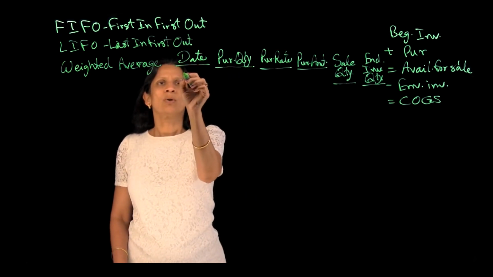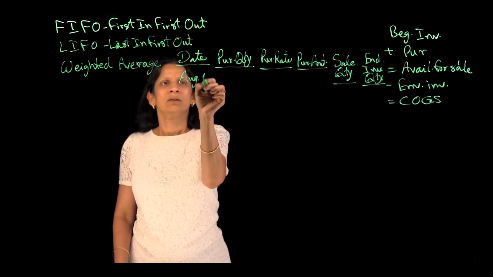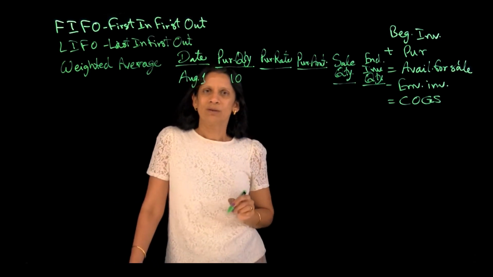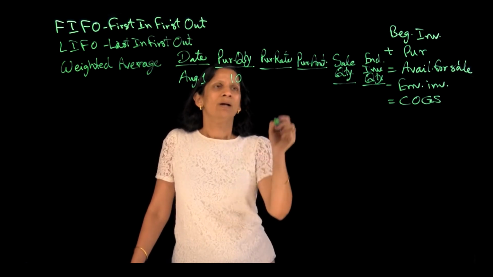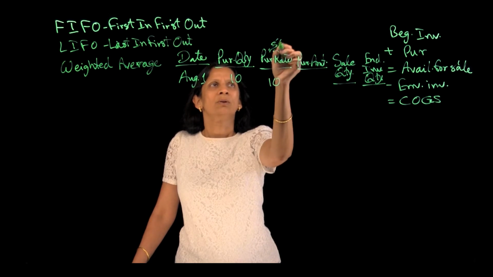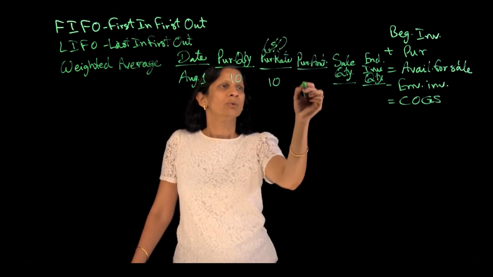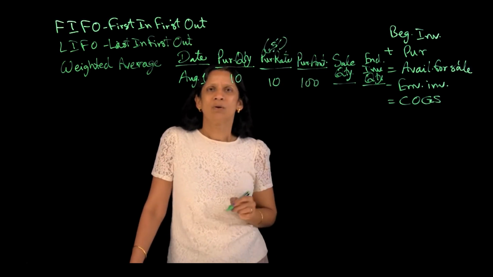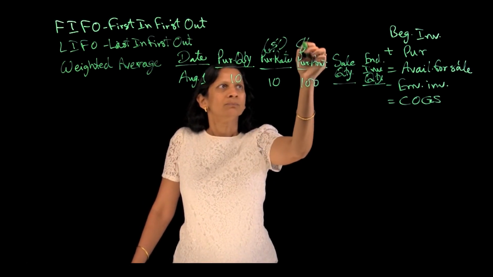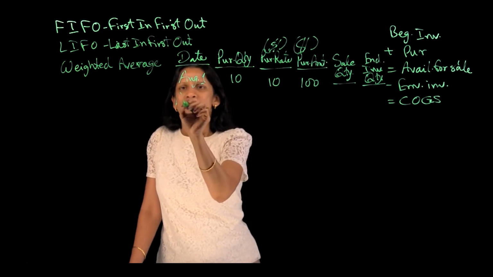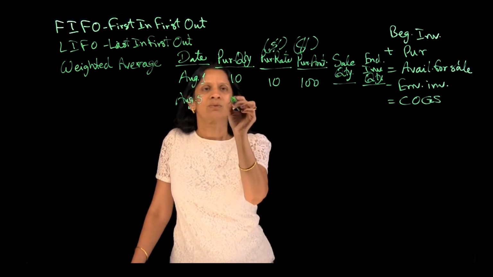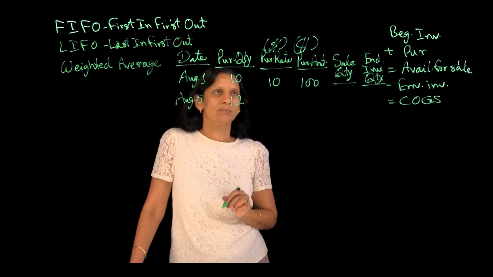Now suppose on August 1st, we already had 10 units of a particular inventory item, and we had purchased them at $10 per unit. So my inventory cost is $100. Now, suppose on August 5th, I purchased another, say, 12 items of the same inventory item.